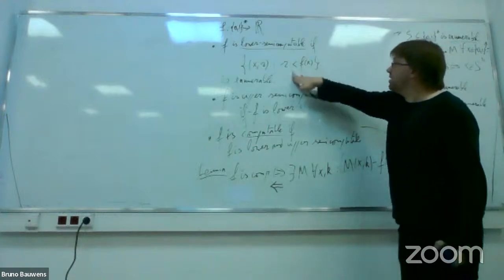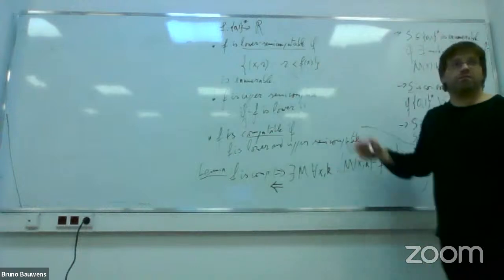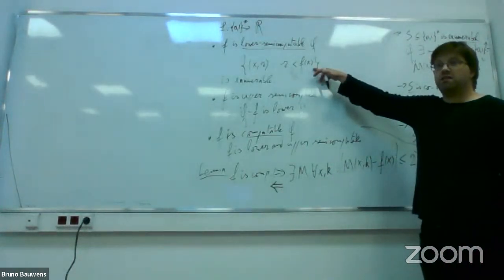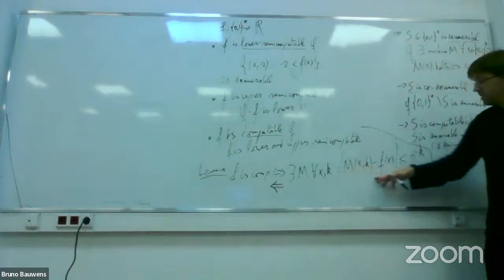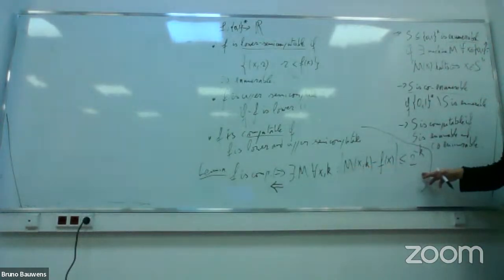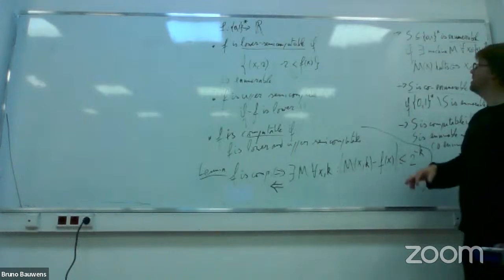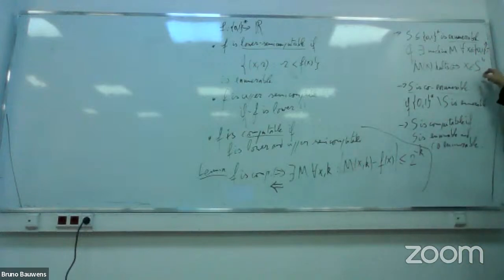So let us start with this set. How can we enumerate this set, if we have a machine that satisfies this? Well, we can use the definition here.